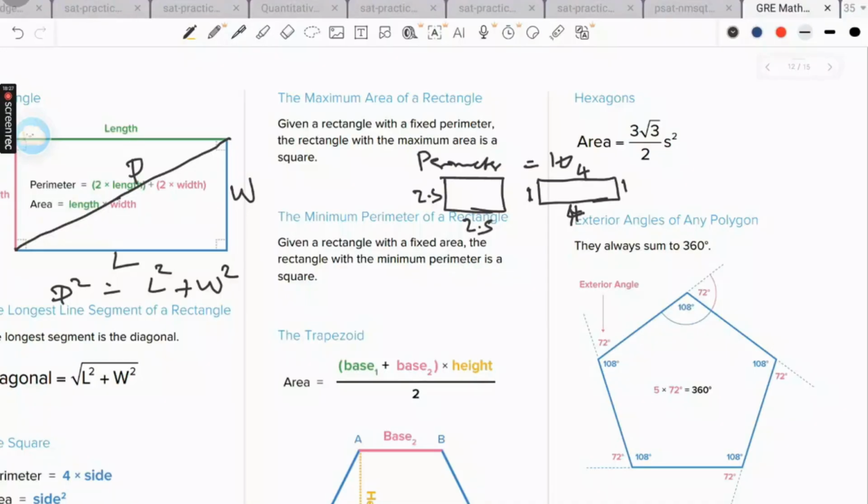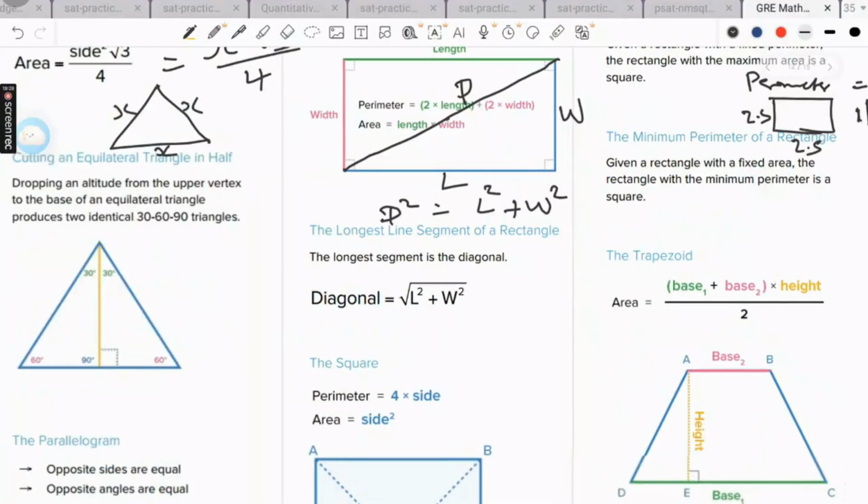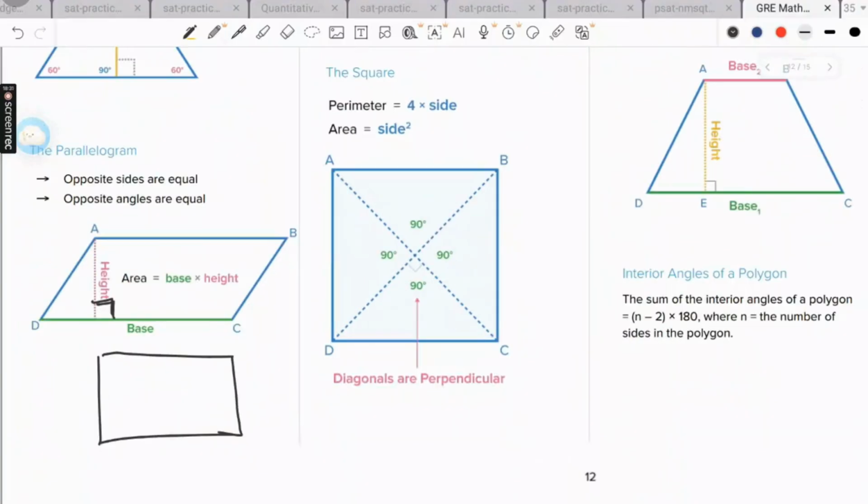We have already talked about the area. I can't forget saying that for a parallelogram, the area is base times height. A rectangle is also a parallelogram, so the area of a rectangle is length times width. What we are calling length and width is also base and height.